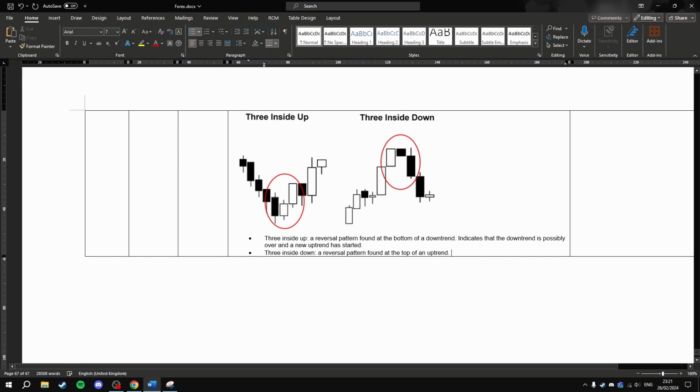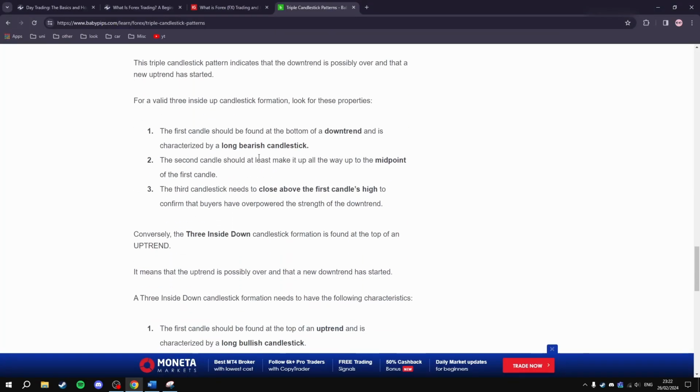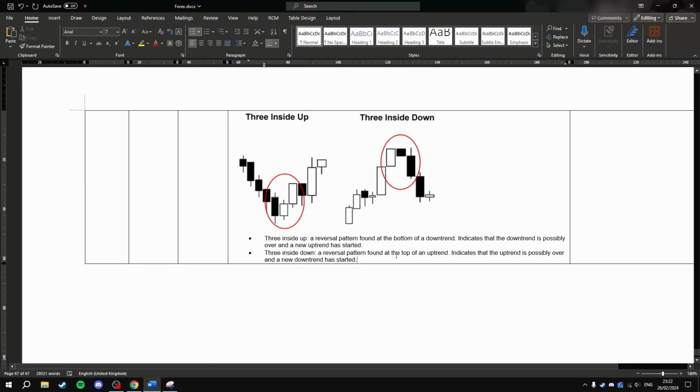So the three inside down indicates that the uptrend is possibly over and a new downtrend has started. For a valid three inside up candlestick formation, look for these properties.